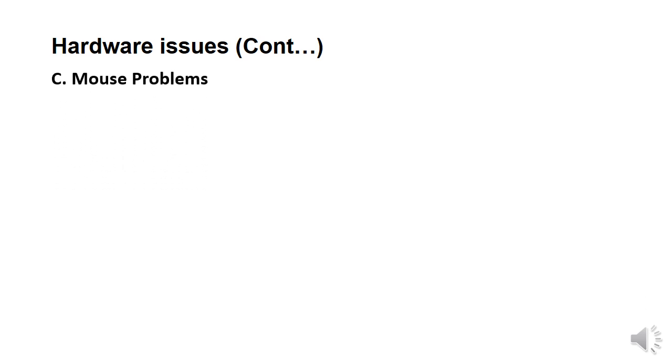The second issue is mouse problems. Remember that each computer must have a mouse, which is an input device used to point at different files and folders. A mouse is used to perform different actions, like opening computer programs, folders, and files.